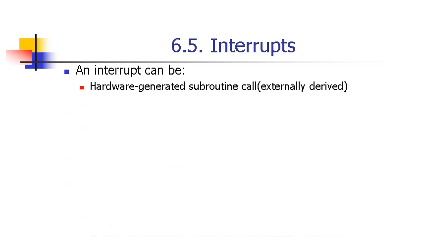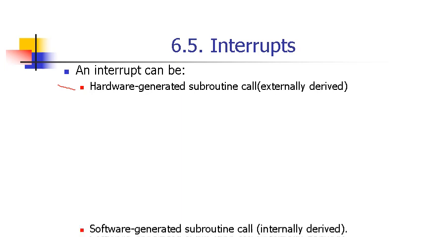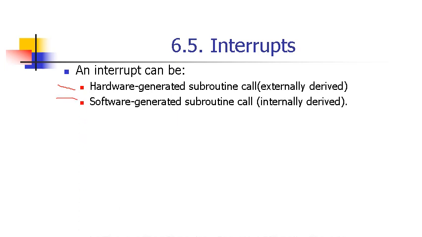So an interrupt can be hardware generated from some external device or peripheral, and can as well be software generated through your code. We call this internally derived.